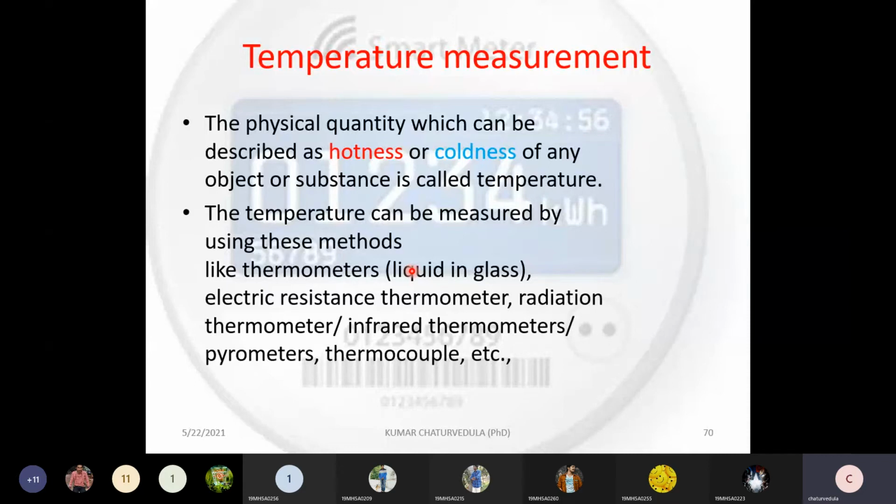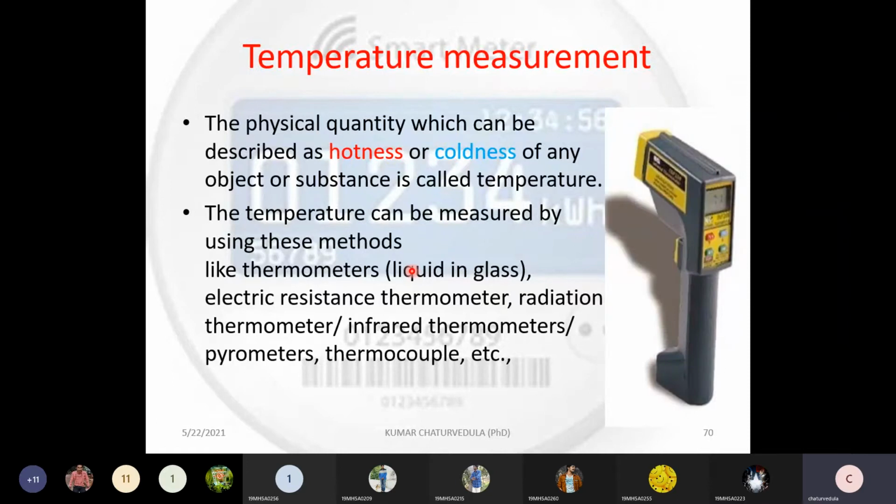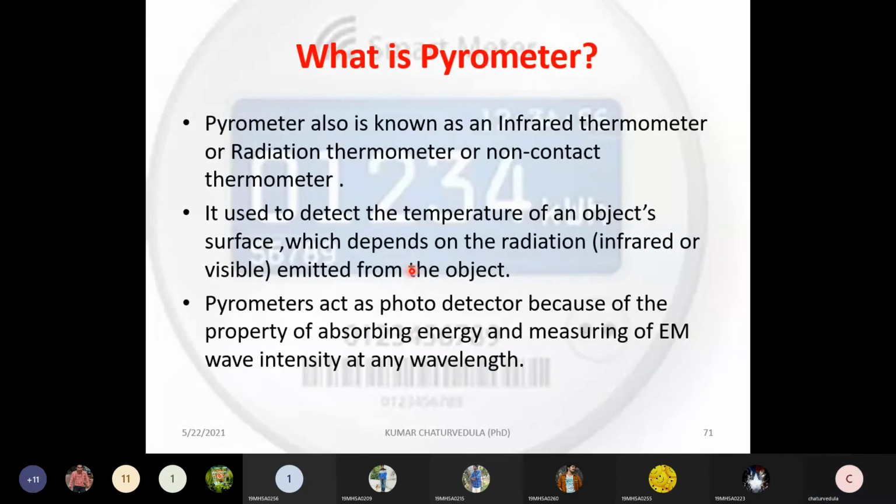In our syllabus, we have the pyrometer and the thermocouple. We have both. This is the image of your pyrometer, a radiation pyrometer. So what is a pyrometer? A pyrometer is also known as an infrared thermometer or non-contact thermometer.